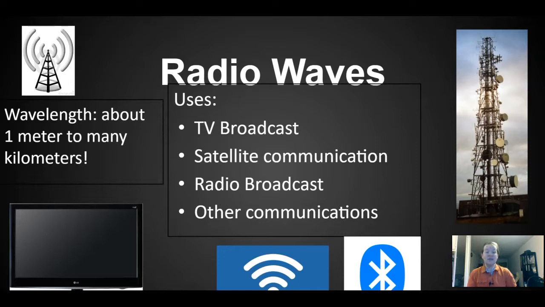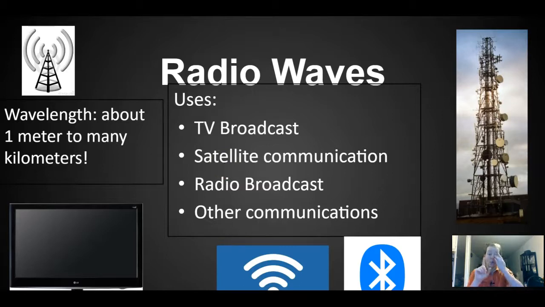Let's learn a little bit about radio waves. Radio waves are what your car uses if you're listening to the radio. Radio waves travel and carry information like TV, like music. We create radio waves, also satellites, if we need to send information.